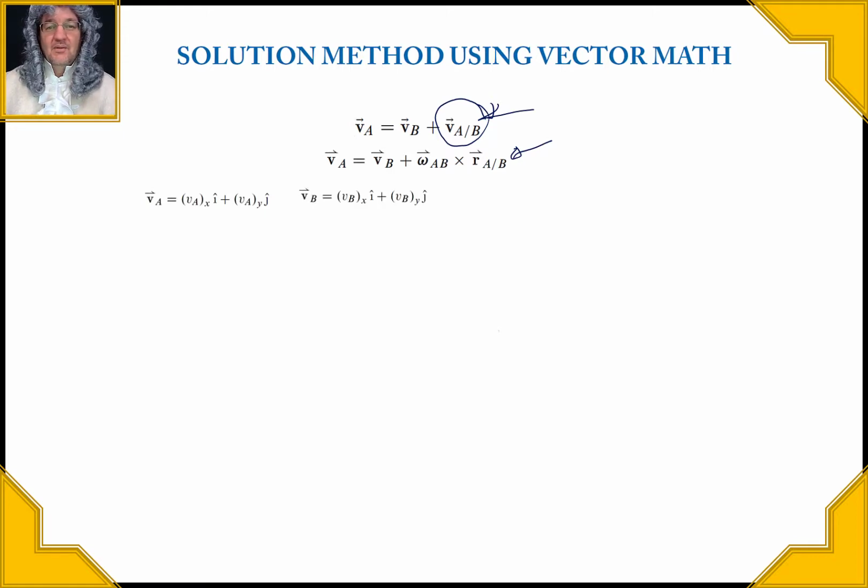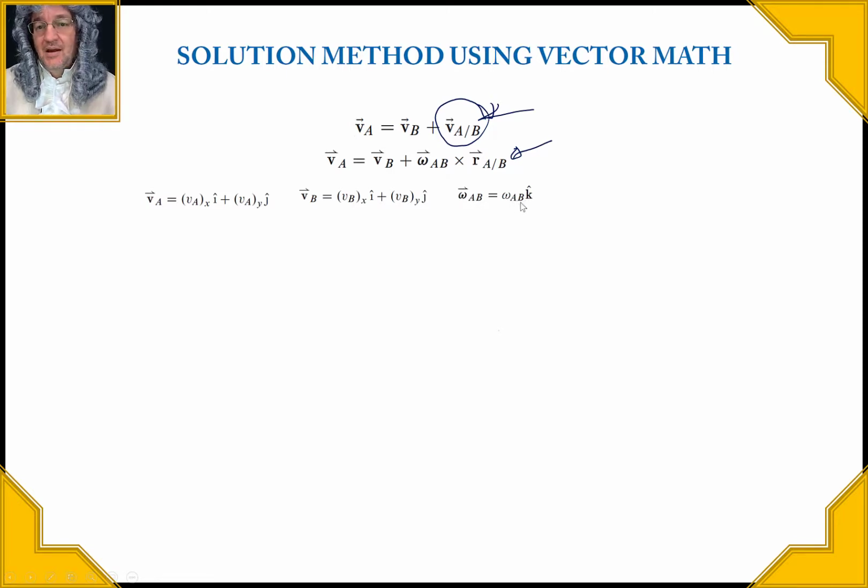Now, if we were to set this up as a generic problem right here, the result that we would want to get is the velocity of A, which we know is made up of components multiplied by the unit vectors. And the thing that we know, presumably the reference, is velocity B, and that also is components multiplied by the unit vectors i and j. Now, if it's in two dimensions, we have omega as a vector.